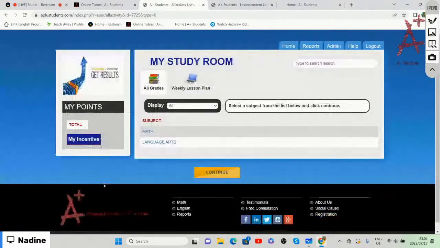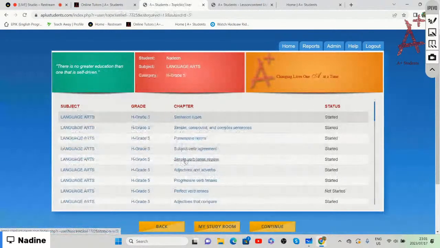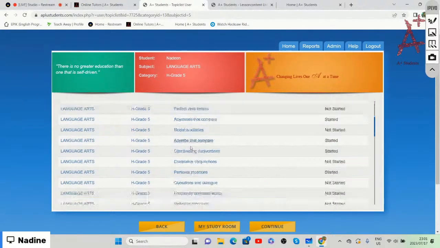All right, then we're going to select the subject of language arts and we're going to select grade 5. All right, so once we have selected the subject of language arts, grade 5, we are going to scroll down up until we get to personal pronouns.